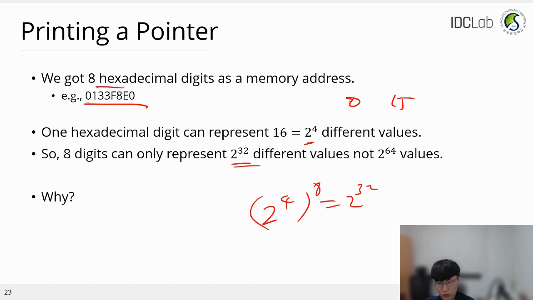But this is much smaller, right? Because on your 64-bit computers, we need to represent a memory address up to 2 to the power of 64. Actually, this amount of memory address can only represent 4 gigabytes of memory. This is quite small these days. So why did this happen?